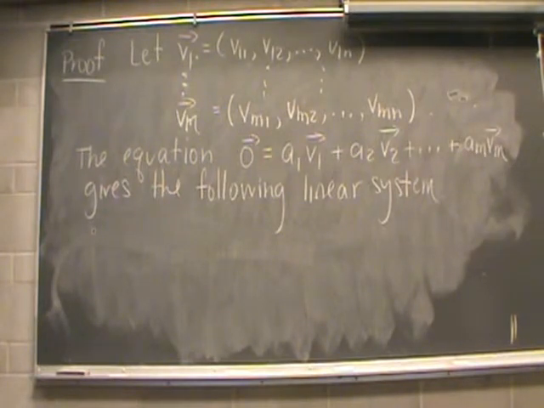The next thing we're going to do is take a look at the independence equation. So here it is. The zero vector is equal to a1 v1 plus a2 v2 all the way up to am vm. When we plug the vectors in and simplify, we get the following linear system.